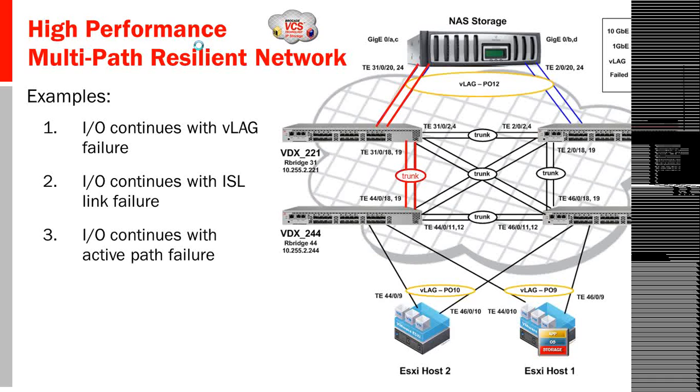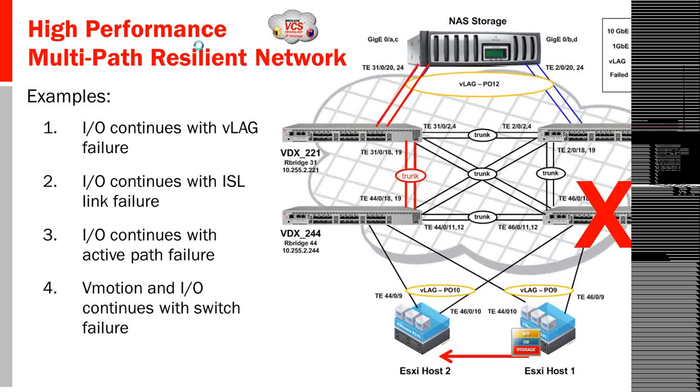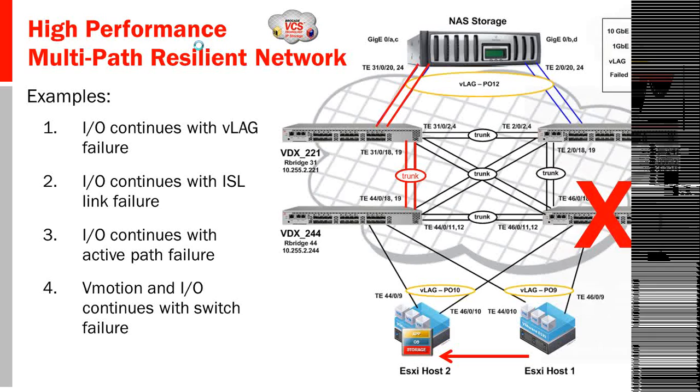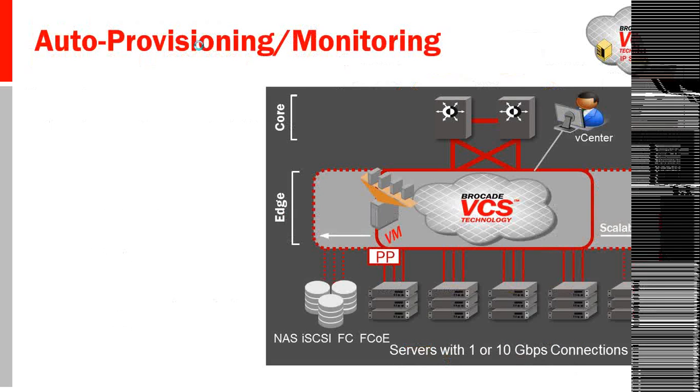But the slide that I took you through on our ECMP path selection, hashing and load balancing, I think it's clear if you understand that, there'd be no impact to traffic across the fabric there. And you can see vMotion going on there, and a failure there, again because of all the multiple levels of resilience that we've got with VLAGs and ISL and TRILL across the fabric. Again, no impact to that kind of happening as well.